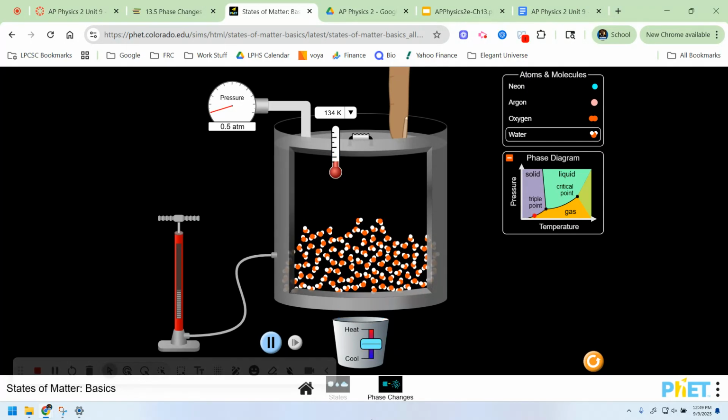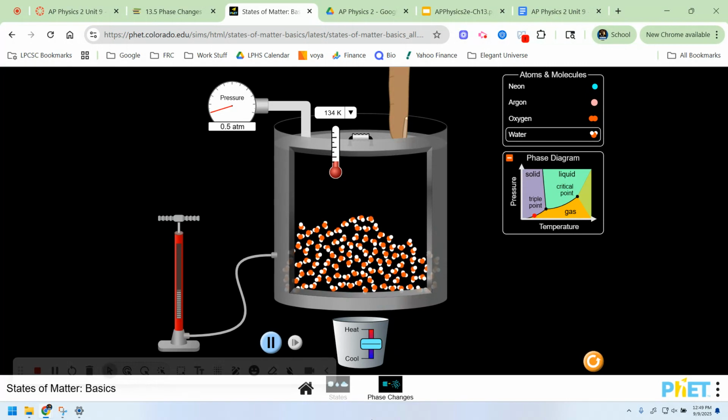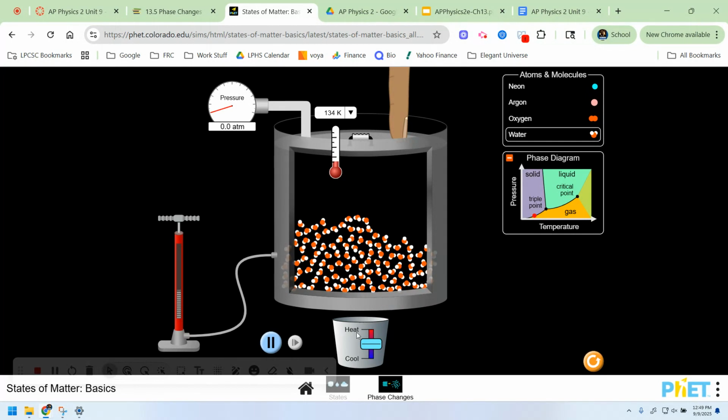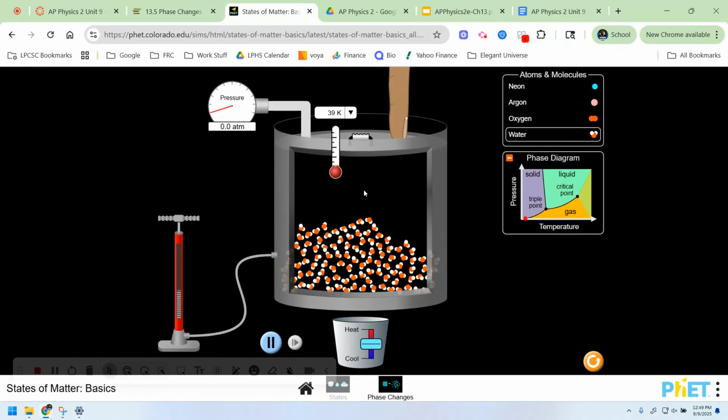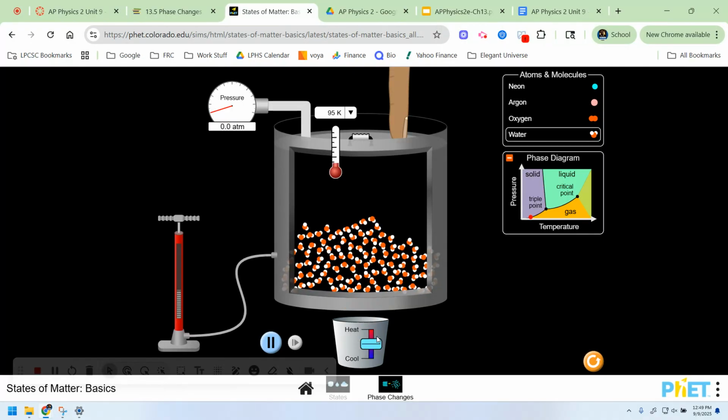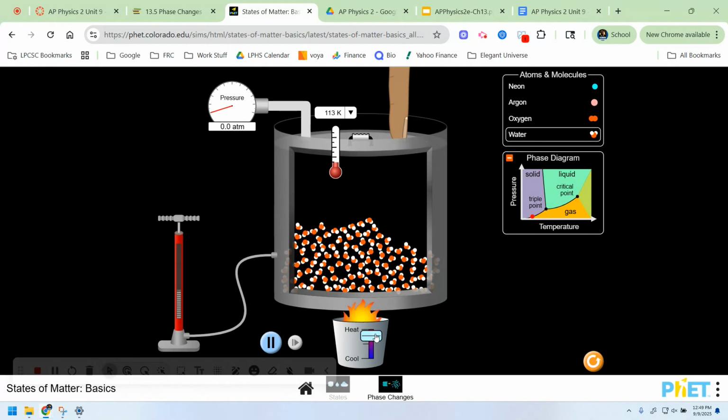So this is like liquid water. Notice that they're sticking together, but none of the molecules are escaping. So this is like liquid, and if I condense it down more, I can actually freeze it. So at 273, I think it is the boiling, or is the freezing point.